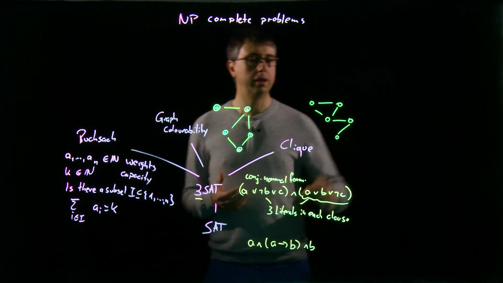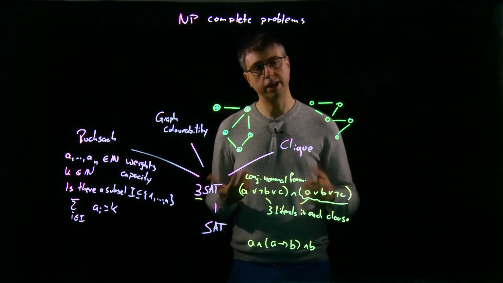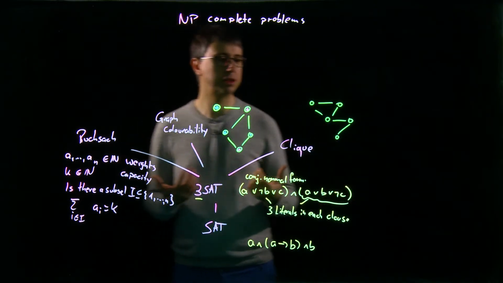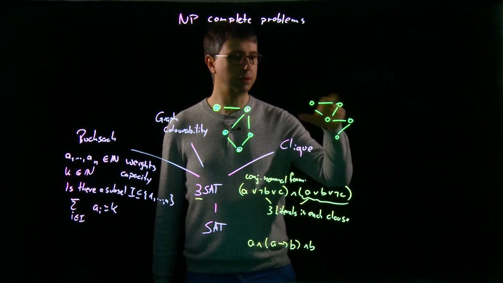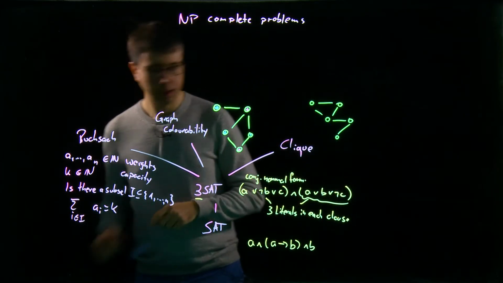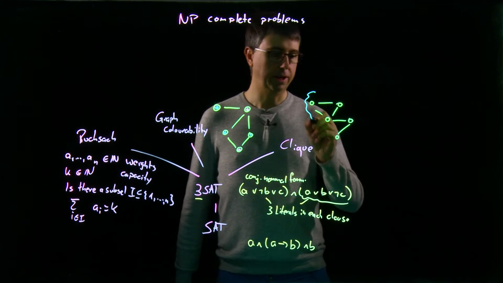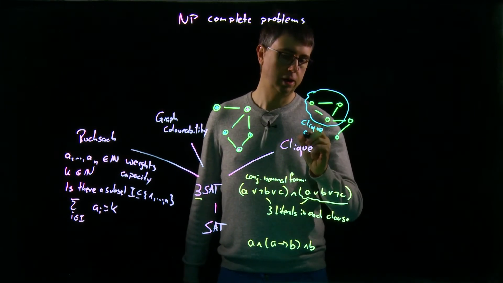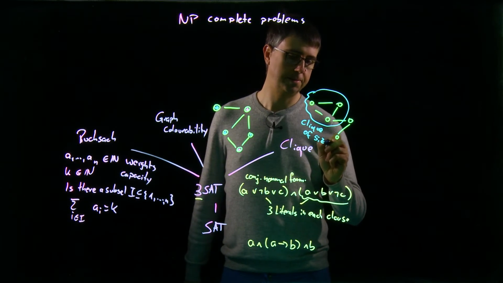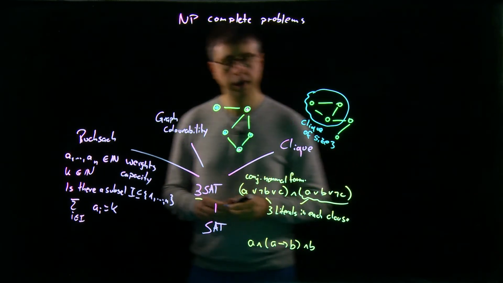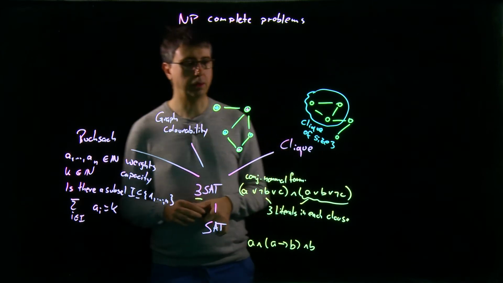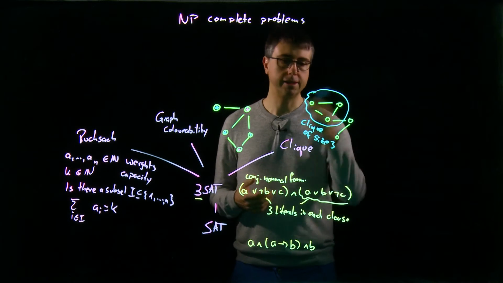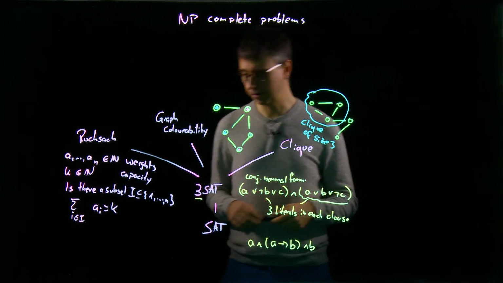The idea is the nodes are persons, and the edges indicate a relationship. So, for example, this group here forms a clique because everybody knows everybody. So this is a clique of size 3. And in general, the question of this problem would be, given a graph and a number k, is there a clique of this size in the graph?